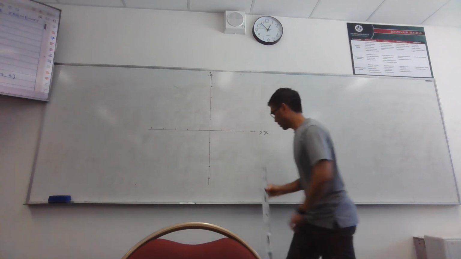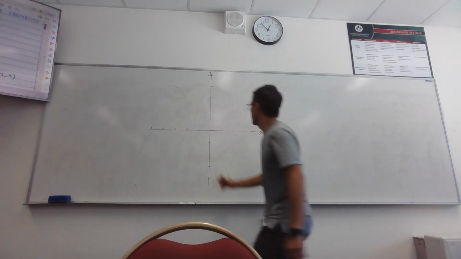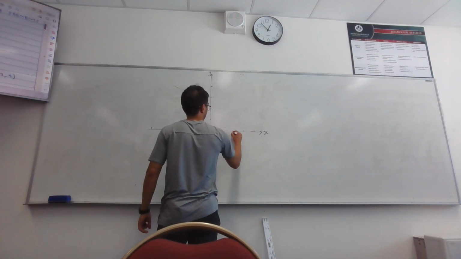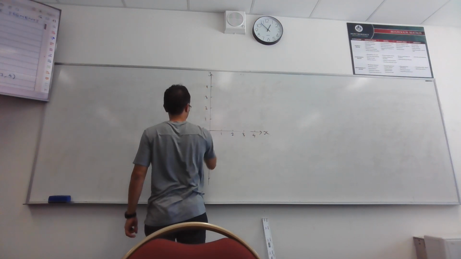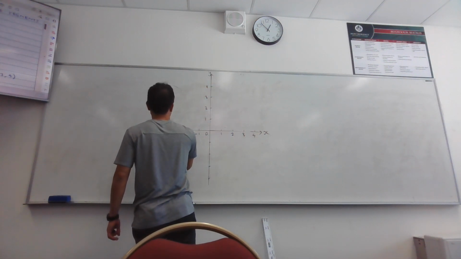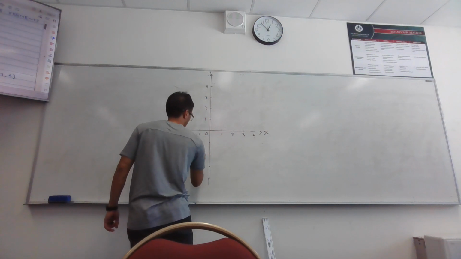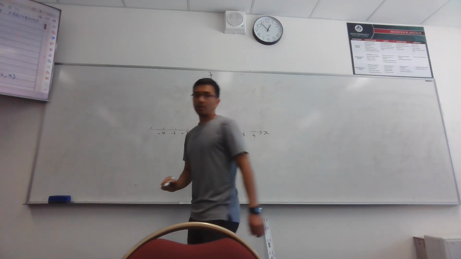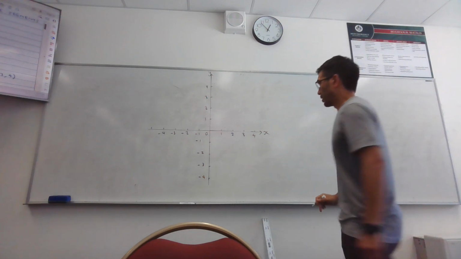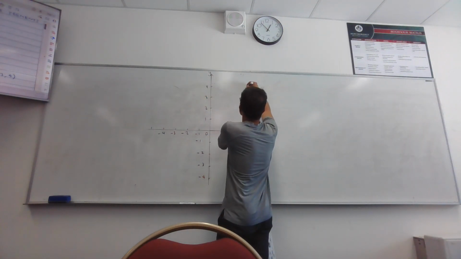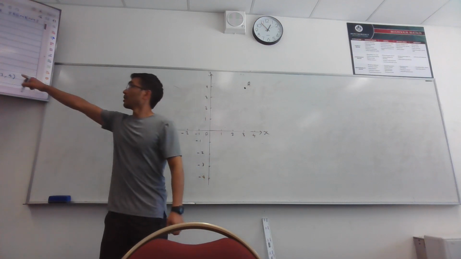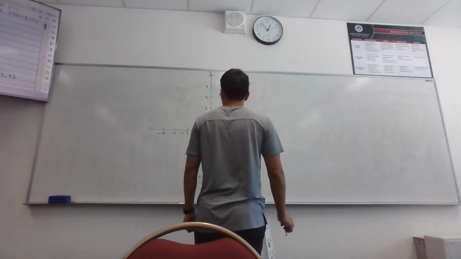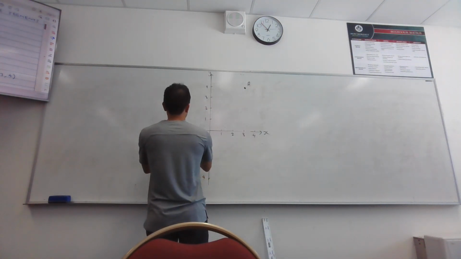If I'm using a ruler, you should be too. Okay, so we have A(3, 4), which is up here, and B(-2, -1), right here.